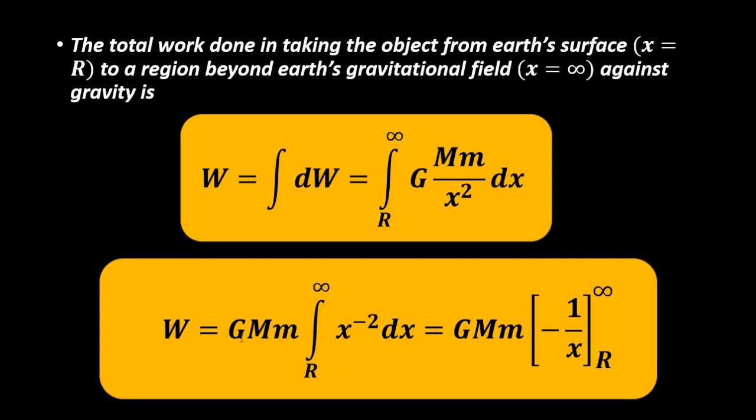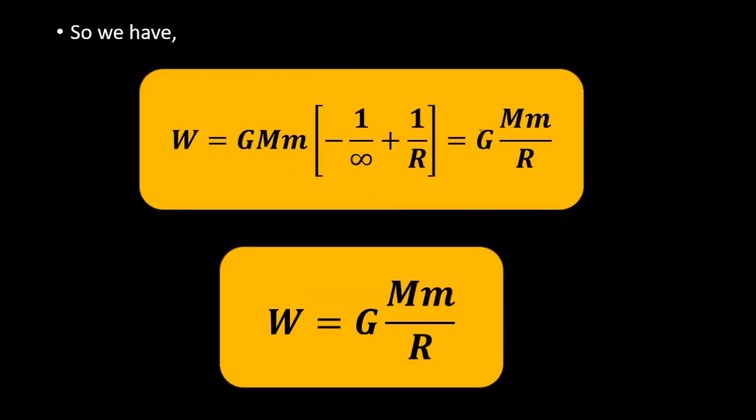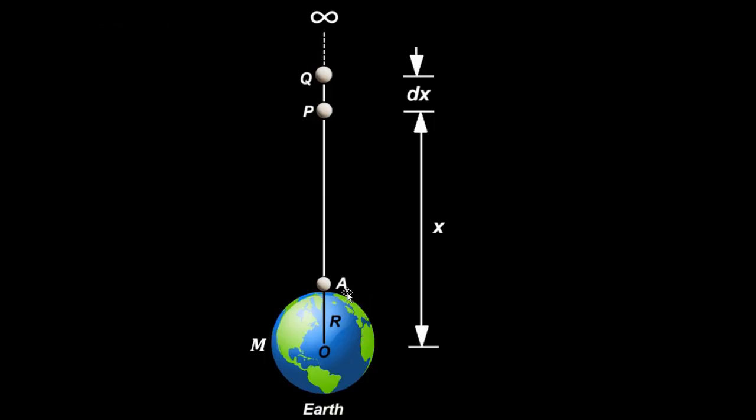So it will be equal to G capital M small m, integration from R to infinity, and it is equal to minus 1 by x, upper limit infinity, lower limit capital R. So it will be G M m times minus 1 by infinity plus 1 by R. This will be equal to 0. So we have plus G capital M small m by R. This is the work done in lifting the object of mass small m from the surface of the Earth to infinity.